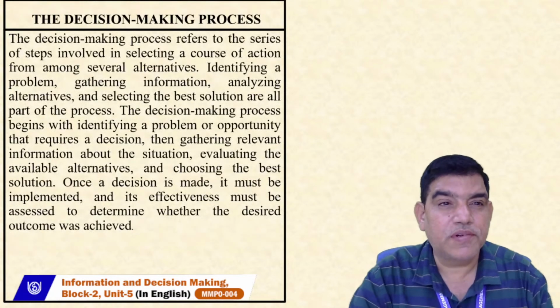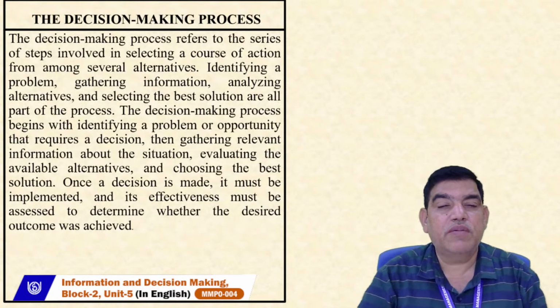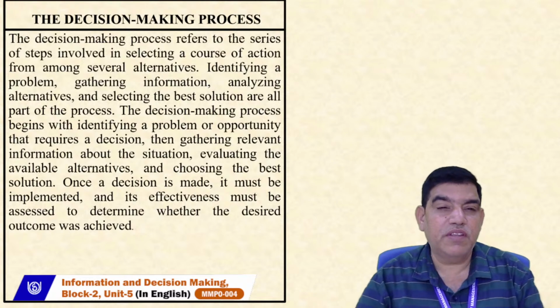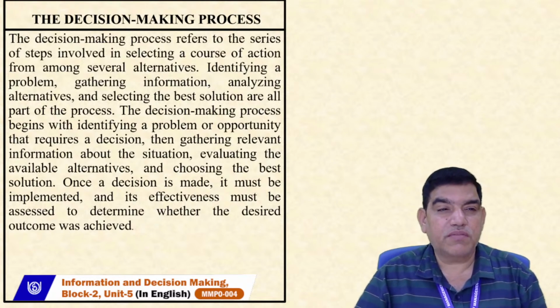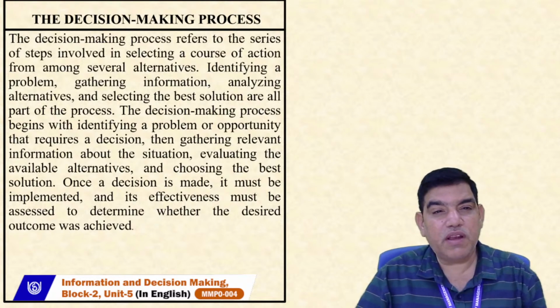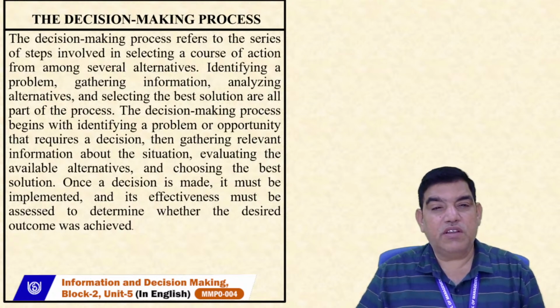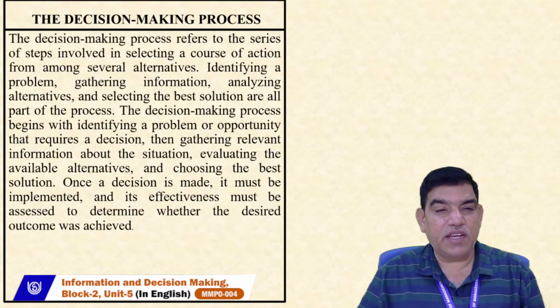Then the decision making process. The decision making process refers to the series of steps involved in selecting a course of action from among several alternatives. Identifying a problem, gathering information, analyzing alternatives, and selecting the best solution are all part of the process. The decision-making process begins with identifying a problem or opportunity that requires a decision.